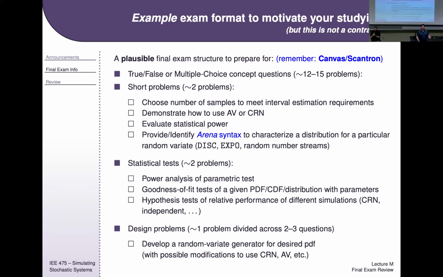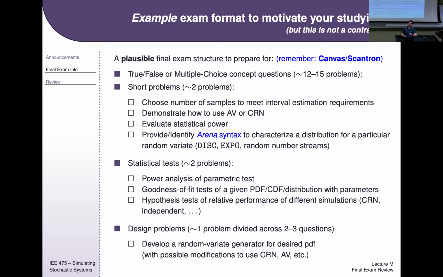The variance reduction techniques, like common random numbers and antithetic variates, leverage random number generation in order to make them work. So as you'll see, if you look at some of my final exam samples, sometimes what I like to do is take a random variate generation problem like you'd see at the end of the midterm and make it so that instead of generating just a general random variate, you might be generating an antithetic variate.